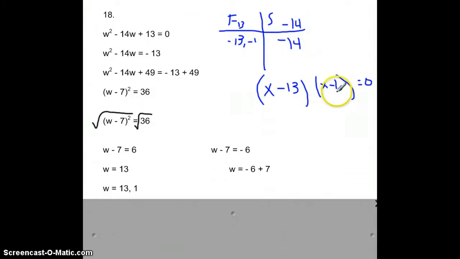We said, hey, x can be 13, and x can be 1. Well, look. See how it works out? So it works out either way. Most people will agree that factoring is easier than completing the square. But again, sometimes we just can't factor. So that's why having completing the square in our arsenal of skills is so valuable as mathematicians.